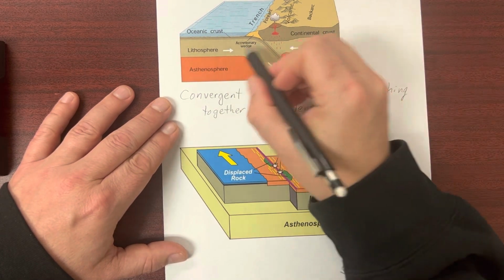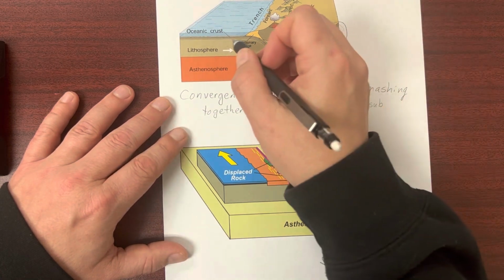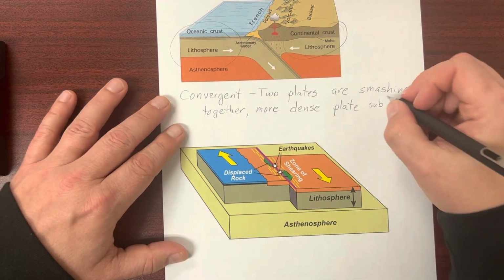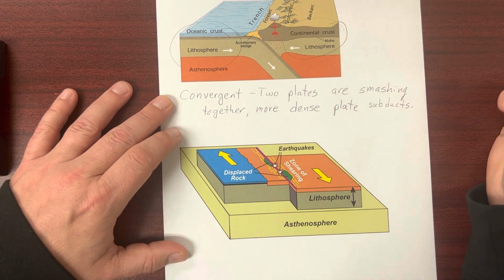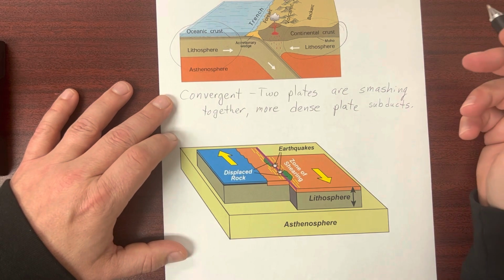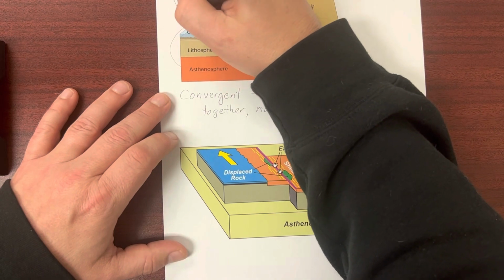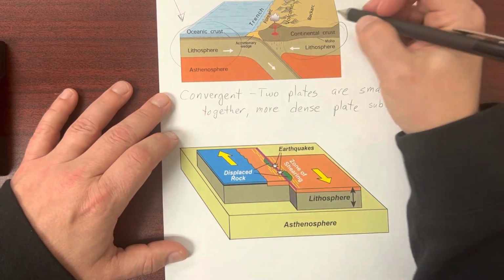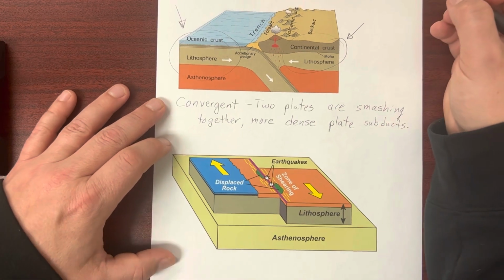They're between the two plates. So here's one plate over on this side, and here's another plate over on this side. Between the two of them, one of them is going to be more dense than the other. And generally speaking, the oceanic crust is going to be more dense than the continental crust over here, which is less dense.